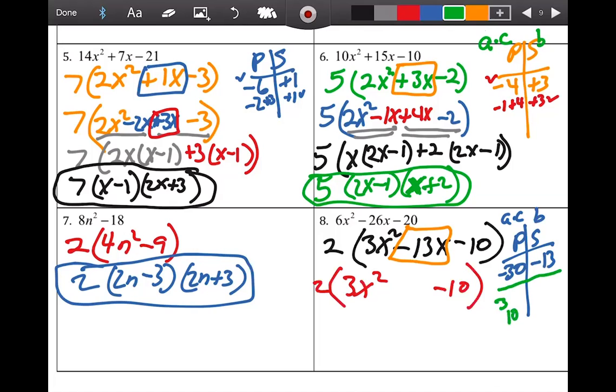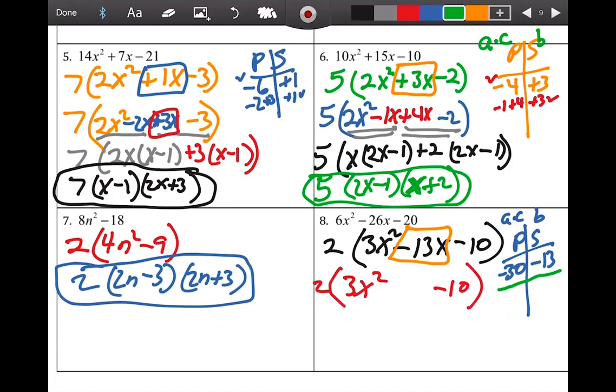I could get it to negative 13 with a negative and a negative, but what's the problem? It's a positive. Yeah, if I multiply them, the product is wrong. So I could get the sum, but I can't get the product. So that tells me it's not 3 and 10.